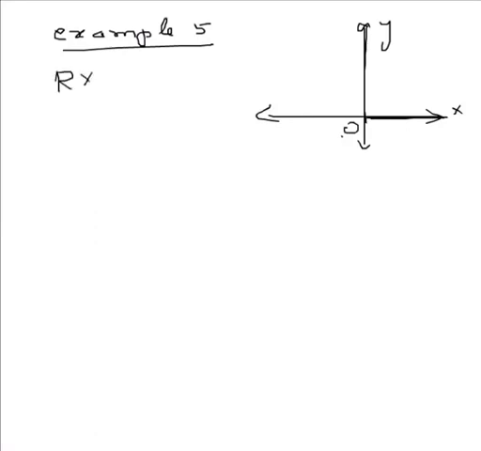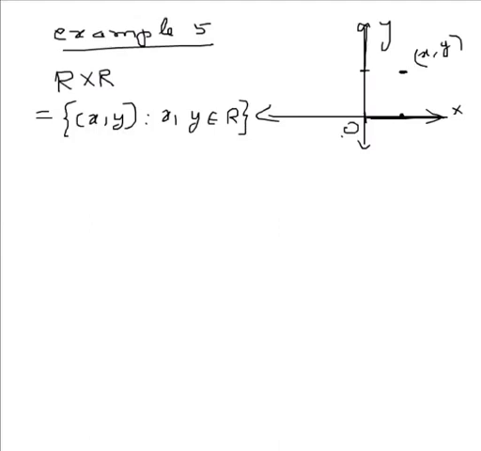If I consider R cross R, any real number taken on the x-axis, another real number taken on the y-axis. So what does it represent? It represents a point in the Cartesian plane. So if I take R cross R, the set of all points (x, y) such that x and y both are real numbers, what do I get?